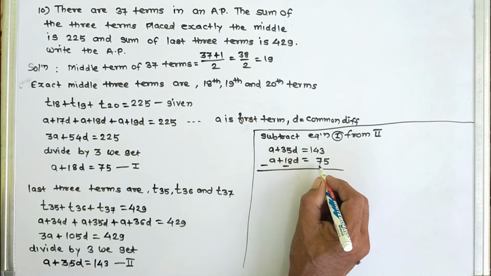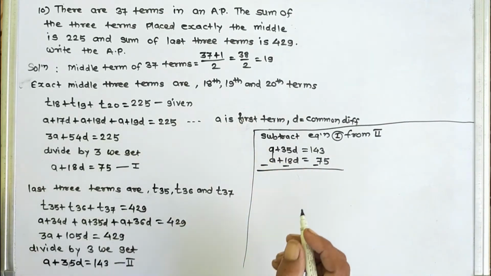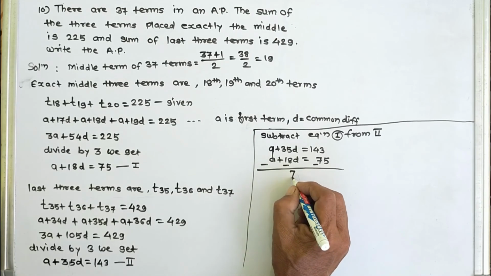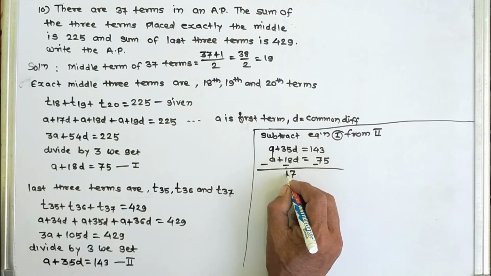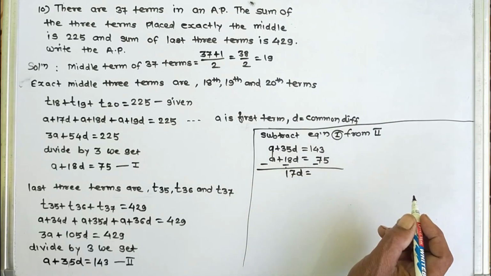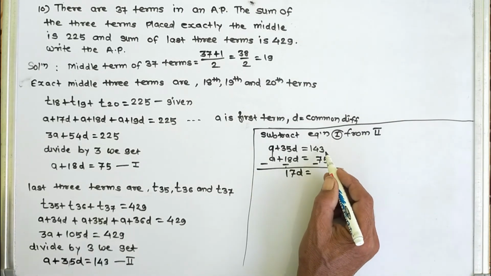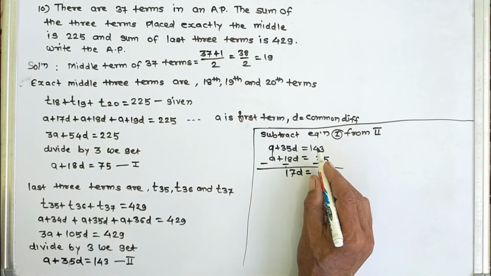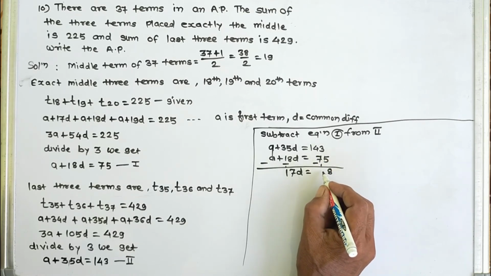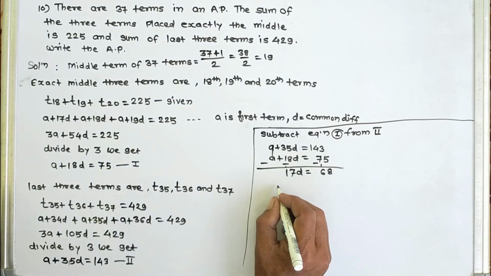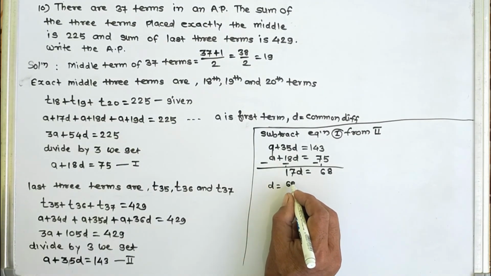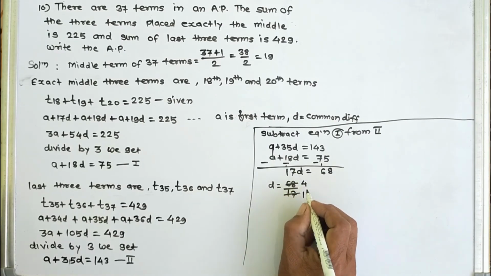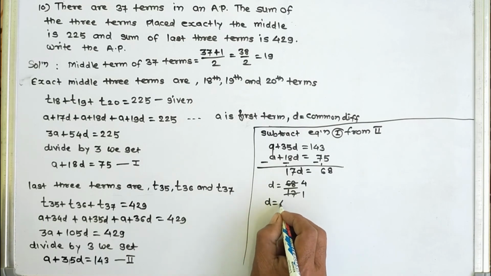Change the signs, a will get cancelled, then 35 minus 18 is 17d equal to 143 minus 75, this will be 68, and the value of d will be equal to 68 divided by 17, this will be 4. The value of d is 4.